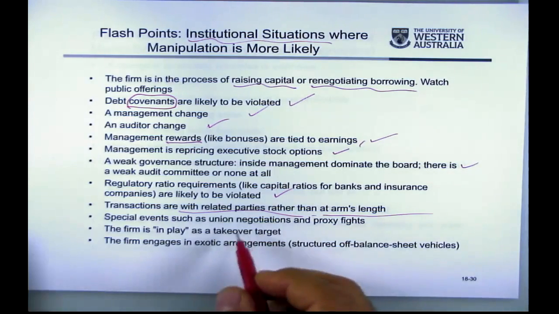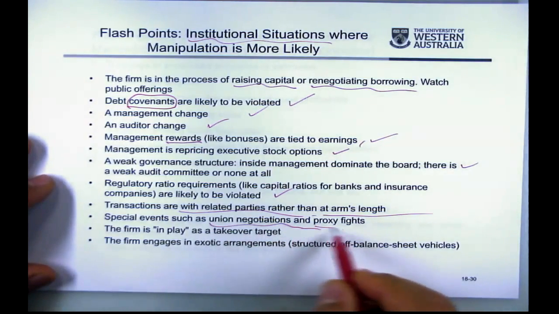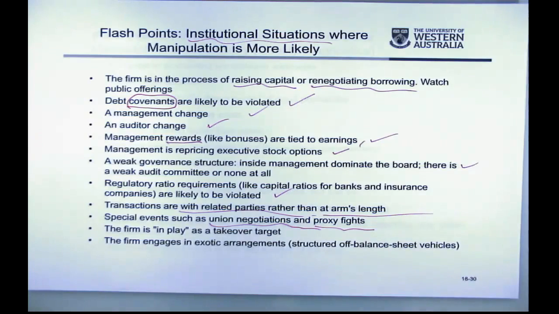Special events such as union negotiations and proxy fights. Sometimes firms may manipulate the reports in order to soften or reduce the demands of labor unions.